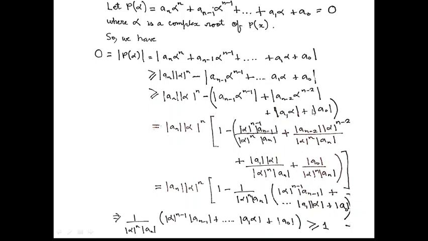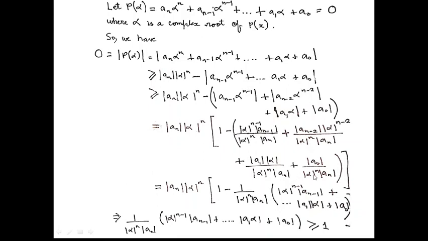Next, what we have done is take a_n alpha^n common. In this step it will be clear: with a_n alpha^n common, this term becomes 1 and all these terms become like this. You can see, a_n alpha^n common, this term becomes 1, then a_(n-1) alpha^(n-1) by a_n alpha^n plus a_(n-2) alpha^(n-2) by a_n alpha^n, and so on.